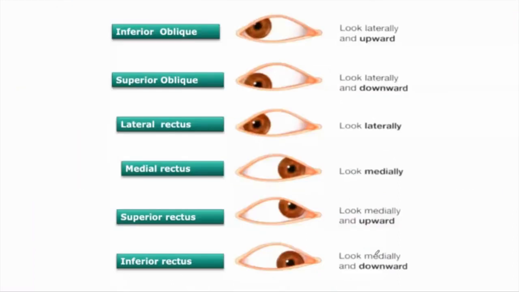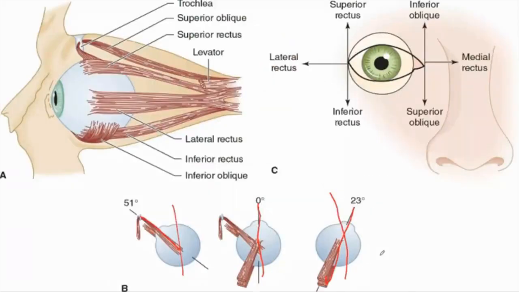So this shouldn't be confused with another thing. The action of the muscle, especially for the superior and inferior recti and superior and inferior oblique, shouldn't be confused with the direction of maximum action. Meaning that when the eye is looking laterally, it will be just by the effect of lateral rectus.